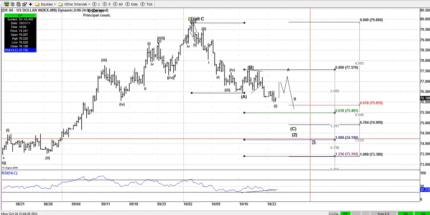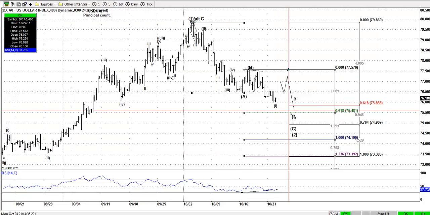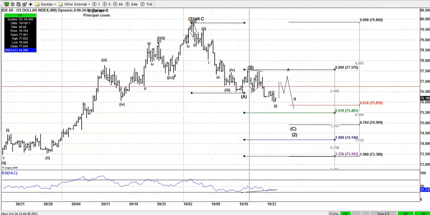That's the most bearish one in the short term, but on the other hand it is the most bullish one in the long run, because it's confirming a 3-wave move with a triangle B-wave in the middle. So keep that in mind. I believe that no matter which one it is, a bounce is happening tonight and tomorrow within the US dollar.